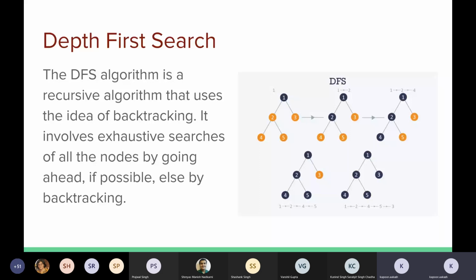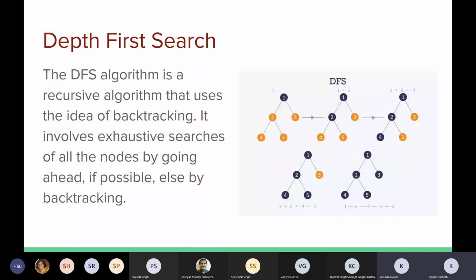Depth first search, right? The idea here is that you take a starting point and you go until its very end. Then once that entire subgraph has been explored, you come back and explore another subgraph completely. Basically, you want to do a full depth exploration of every subgraph.